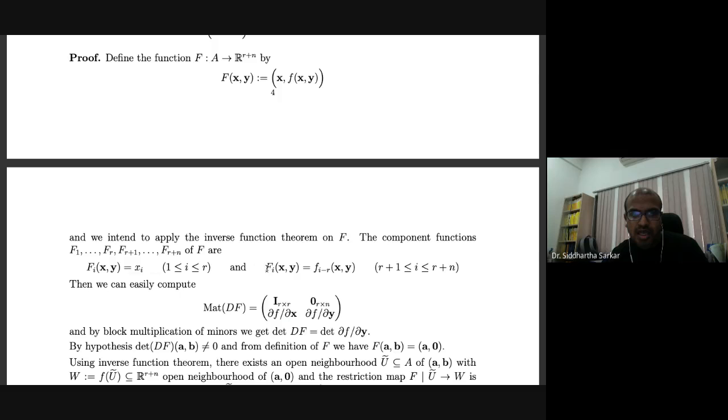Now it's clear. If the index i is greater than or equal to r plus 1, this particular entry will be del f del x, because these rows are contributed by various components. The first r rows are from here, the next n rows are from here. So I'll have del f del x over here.